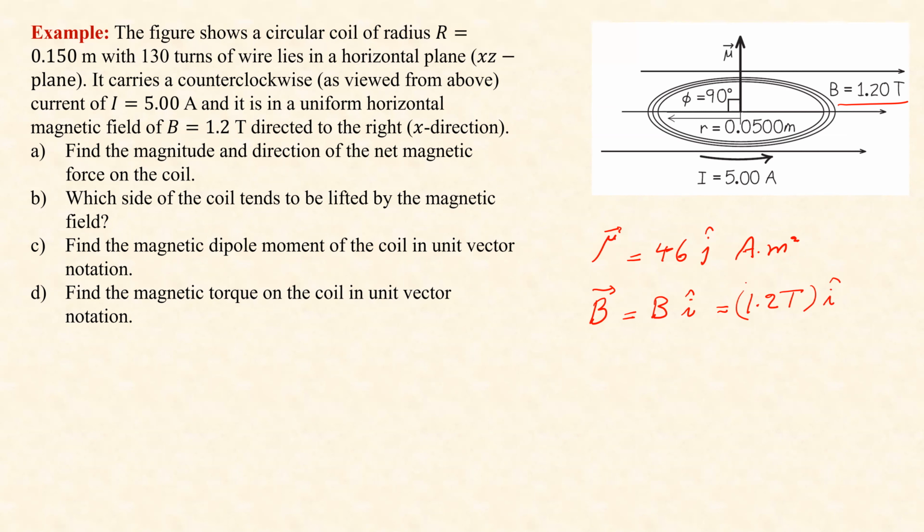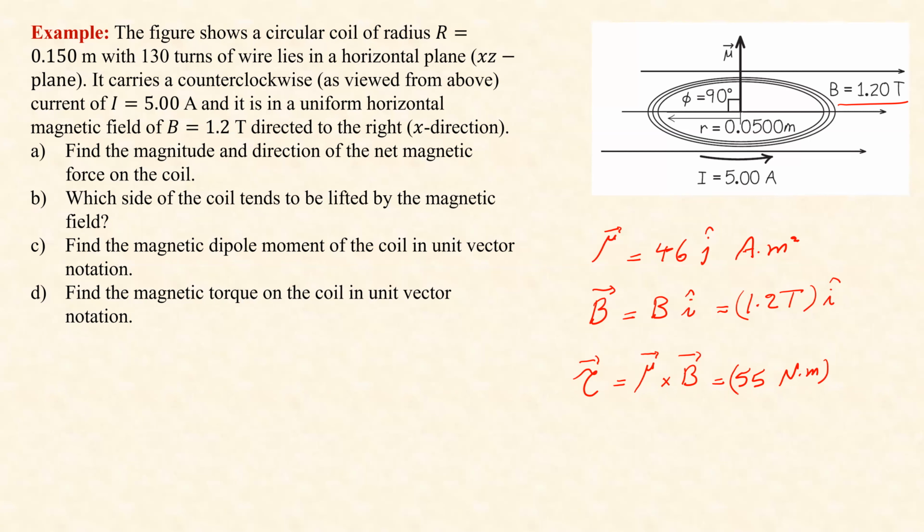So here we have mu in the J hat direction, B in the I hat direction, and torque becomes mu cross B. And therefore we can multiply the magnitudes. If you multiply the magnitudes, 1.2 times 46 becomes 55. The units will be Tesla amp meter squared, which is Newton meter, so 55 Newton meter.